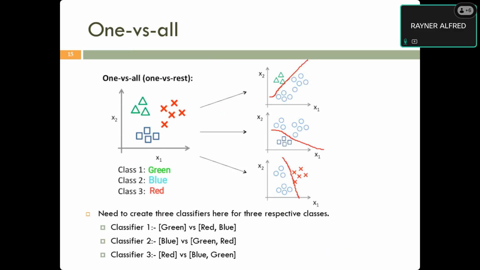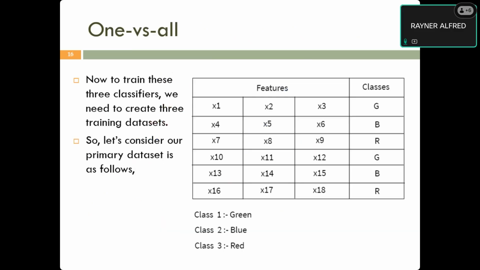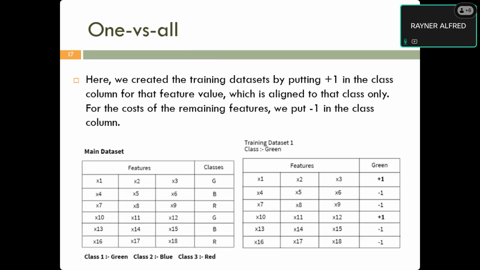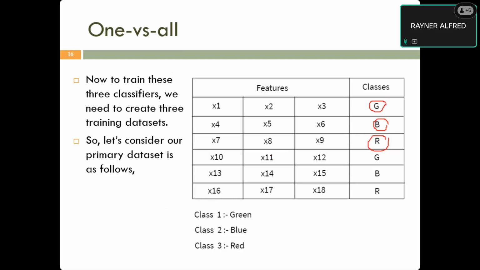So this one can be converted. If you have this label here, for instance, we have 3 classes, green, blue, red here. To convert them, for instance, we take the green one. So this is your main class.